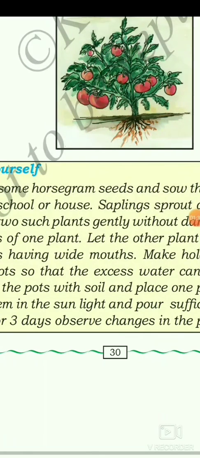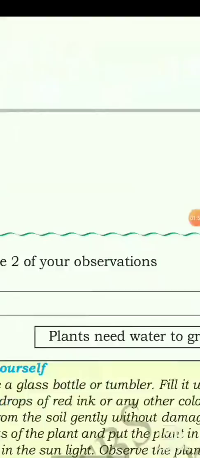Keep those 2 plants in the sunlight every day and put water. Then 3-4 days after, observe them. What will you observe? The plant with roots is growing nicely, and the other plant whose roots you have cut will definitely die.